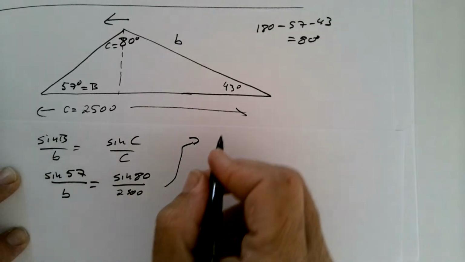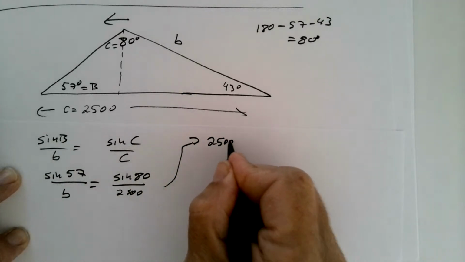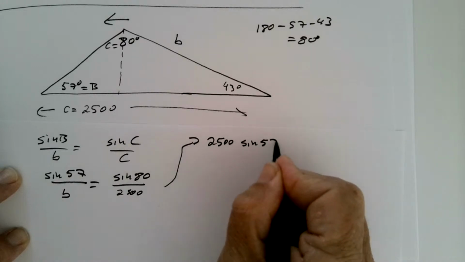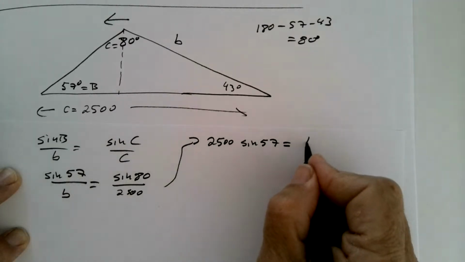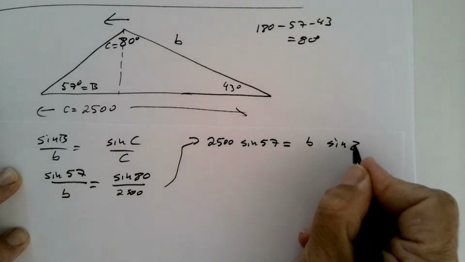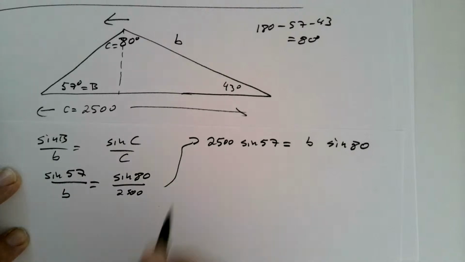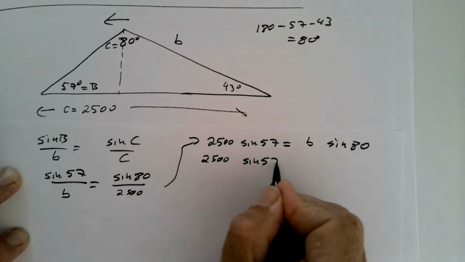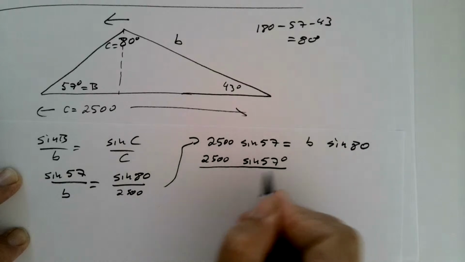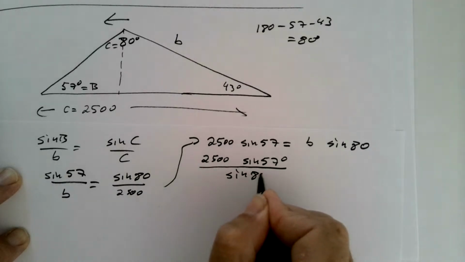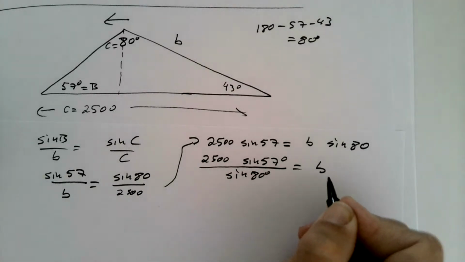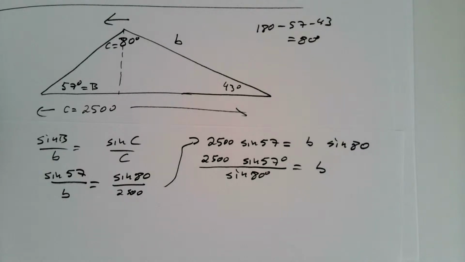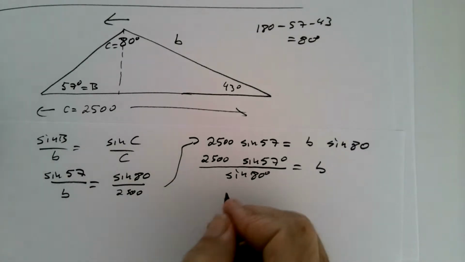So 2,500 sine 57 equals b sine 80. So if I divide both sides by sine 80, I get 2,500 sine 57 degrees divided by sine 80 degrees equals b. So what is that going to give me? That gives me b is about 2129.